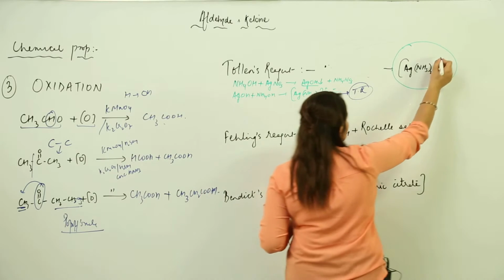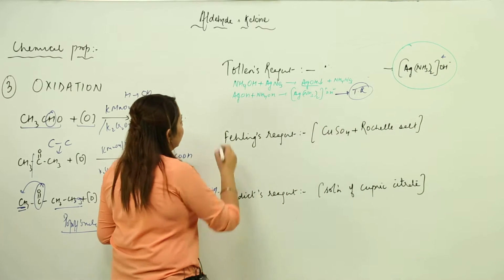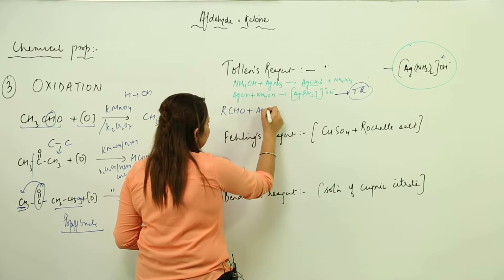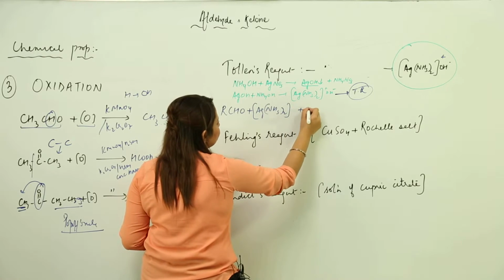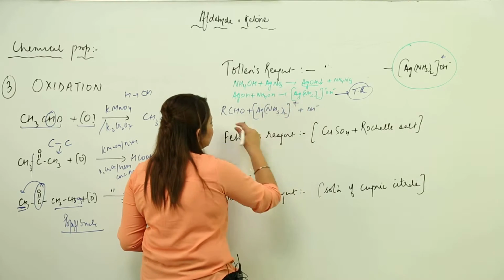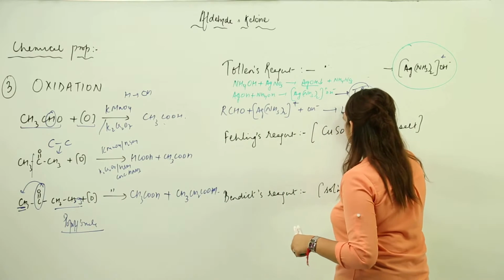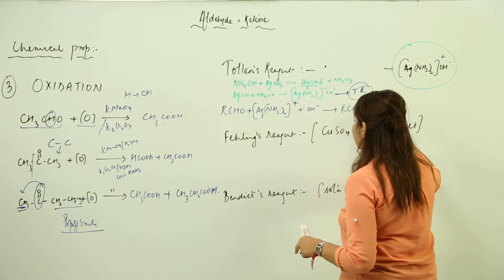Now, when we add this Tollens reagent to an aldehyde, suppose I have an aldehyde, I am going to react it with Ag(NH3)2+, that is the Tollens reagent. I will write the reaction in ionic form. So what products do we get? The aldehyde gets converted into a carboxyl group, a carboxylic acid group.